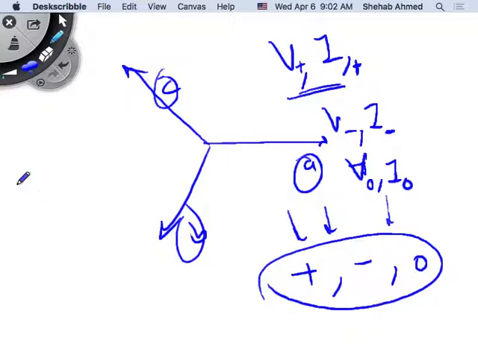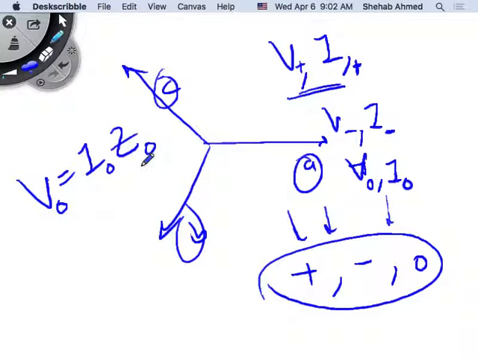Ohm's law. So Ohm's law says V equals IZ. This is the only thing we have in electrical engineering. So if I have V0, I0, that means there is a Z0. If I have V positive, I positive, that means there's a Z positive. If I have V negative, I negative, that means there's a Z negative.